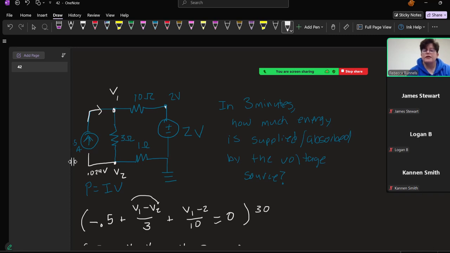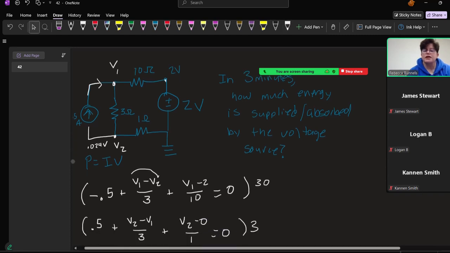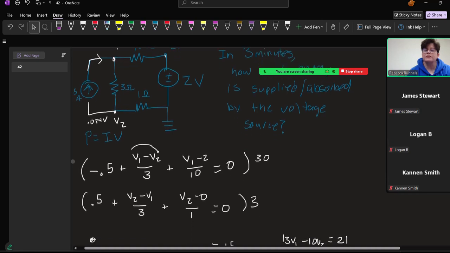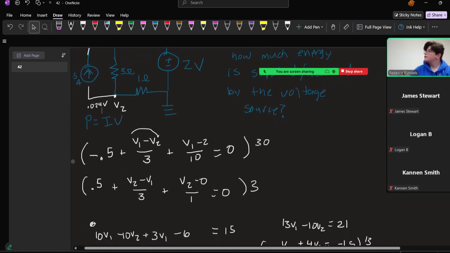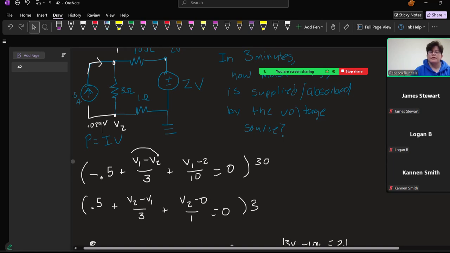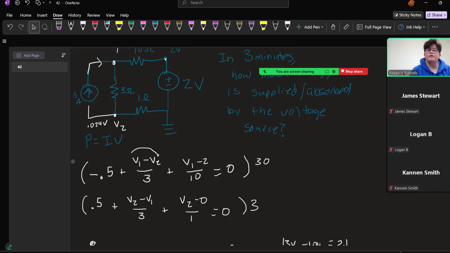Then what does that tell us? Where can we go from there? So we need the current on the bottom. We can get the current on the bottom. I know the voltage here is 0.024 volts, which is higher than the voltage here, which is 0.